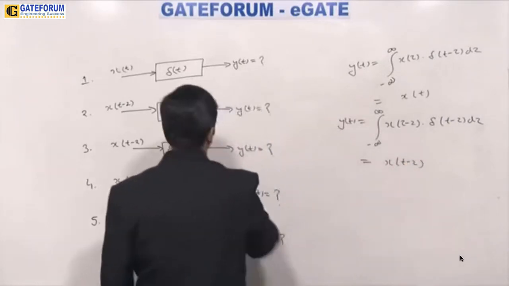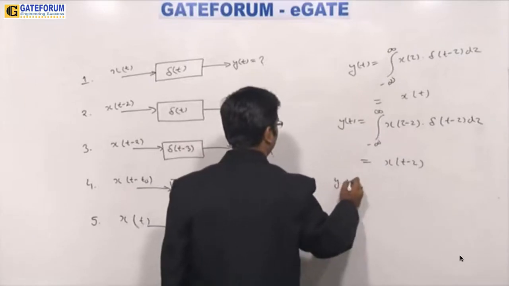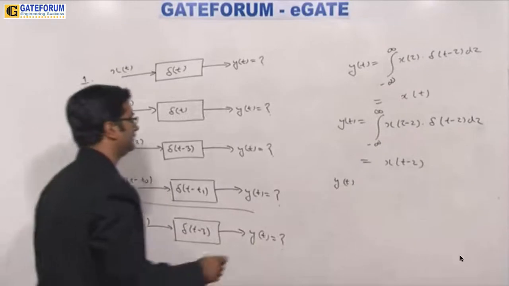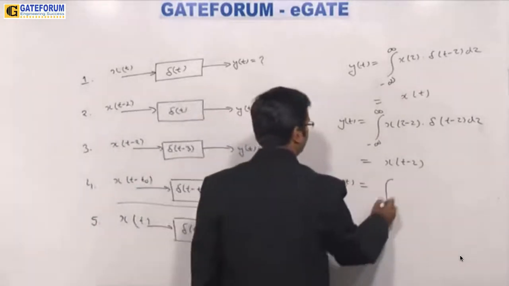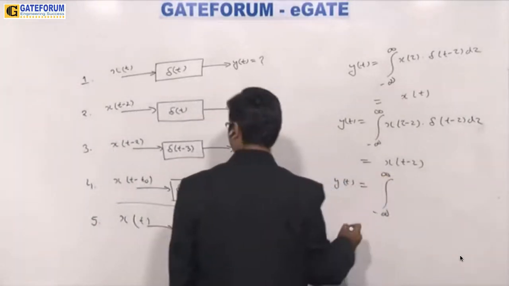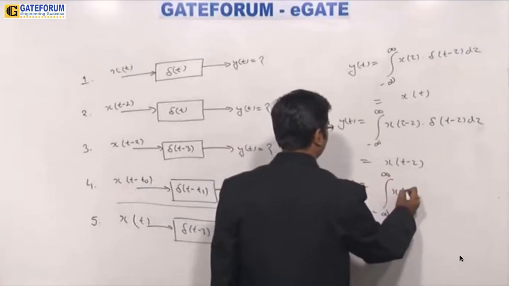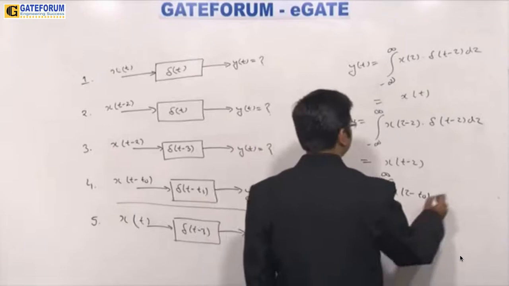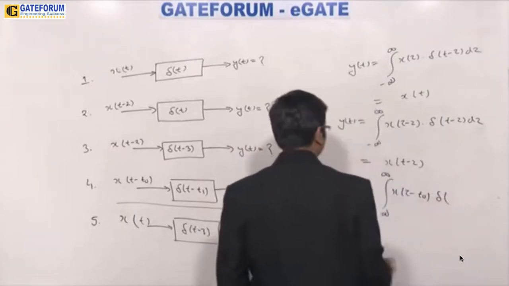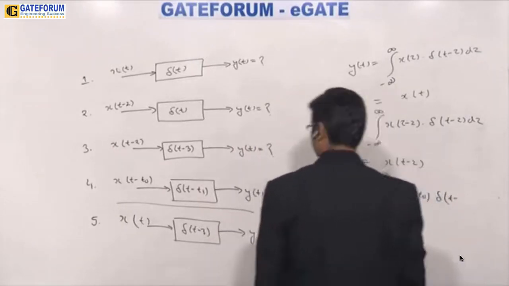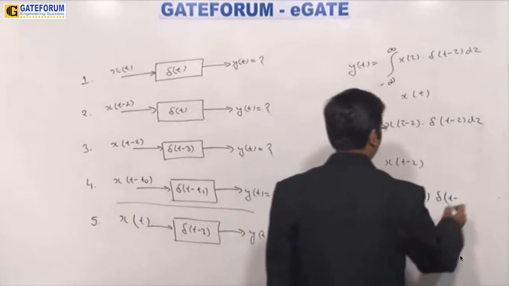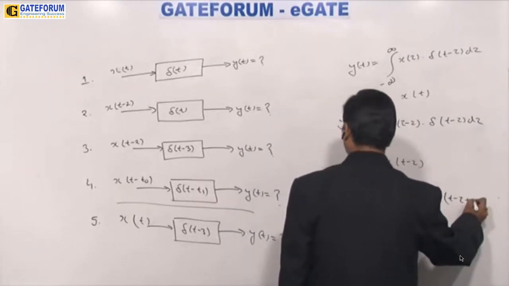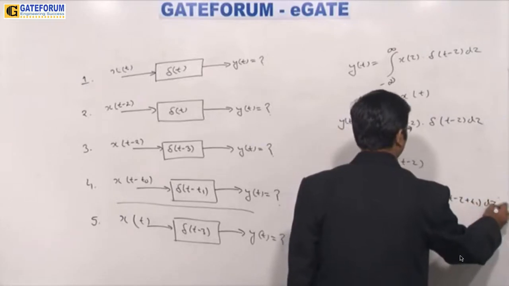In this case, let us take a generalized case: delta of t minus t1, with input x of tau minus t naught. The integral from minus infinity to infinity of x(tau minus t naught) delta(t minus t1) d tau.